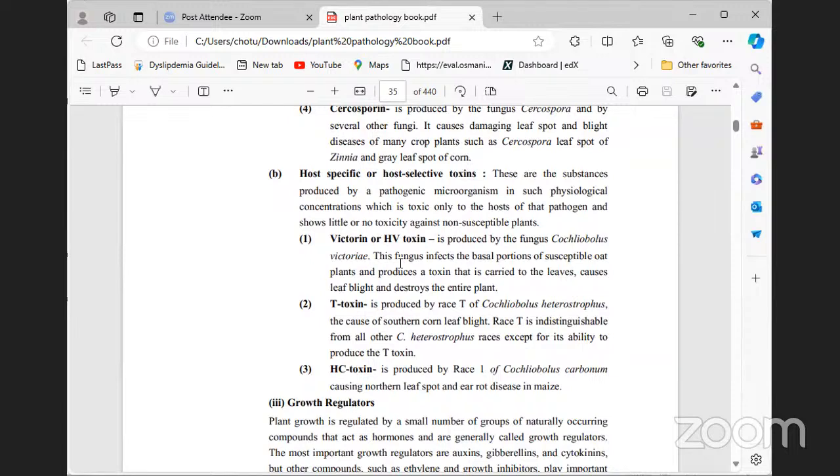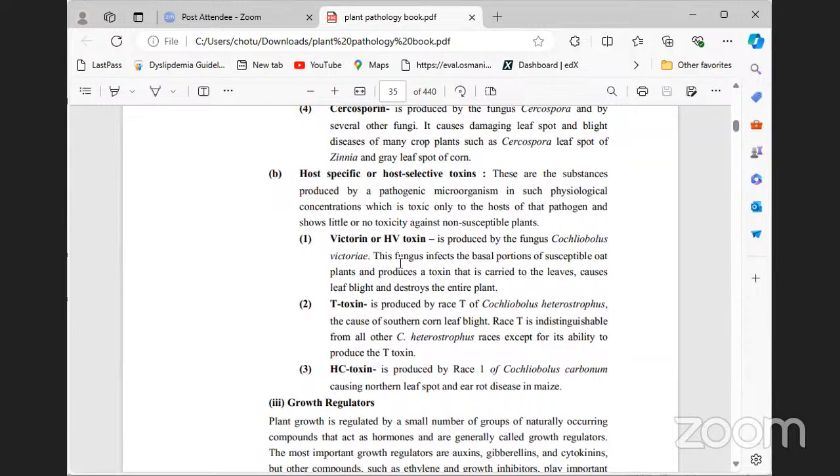Next, the second one, T toxin, is produced by race T of Cochliobolus heterostrophus. These cause the southern corn leaf blight disease.